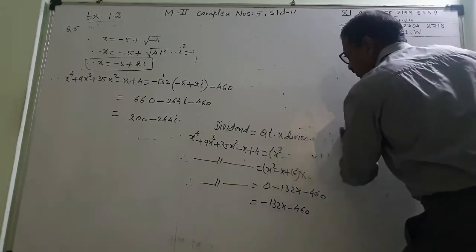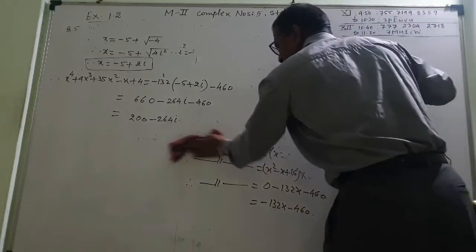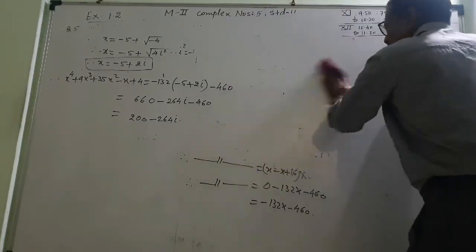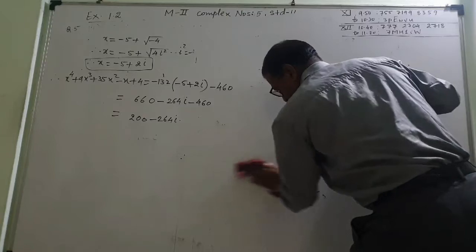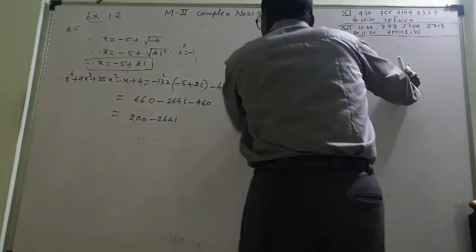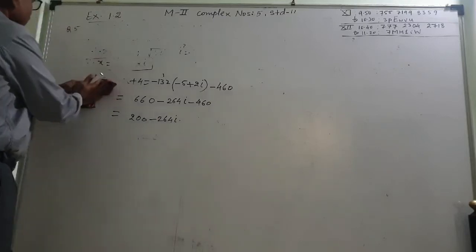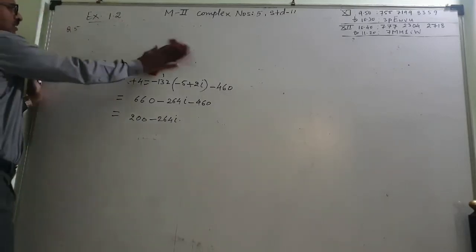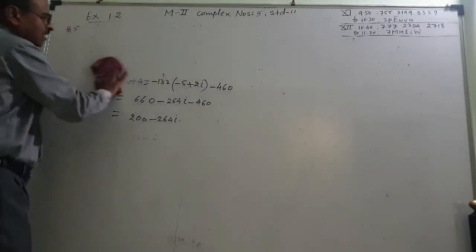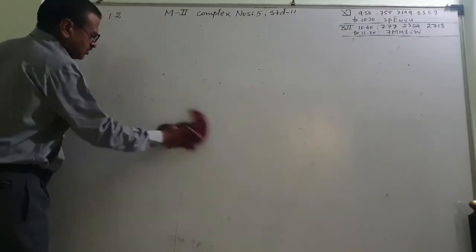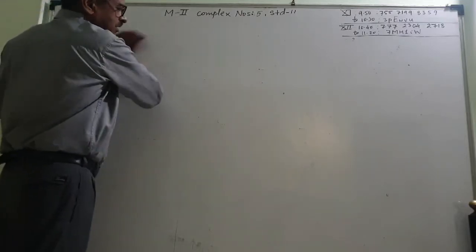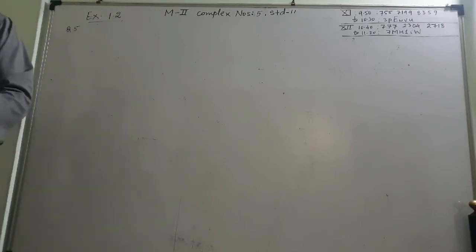That may be the reason some students have asked me, sir, we have not understood this sum. So that's why I have solved it. How to solve such sums? You should remember the steps, and that's it. You should go on solving.